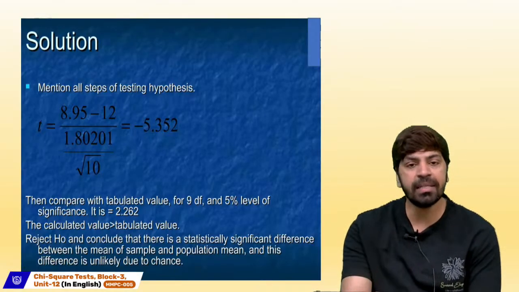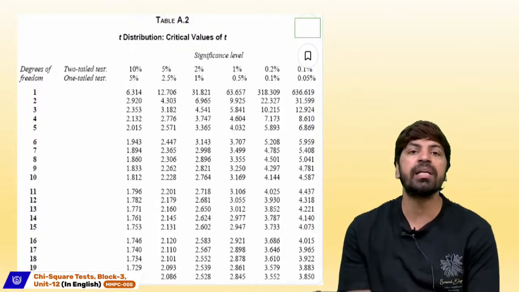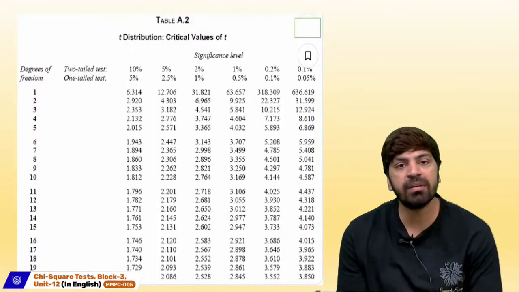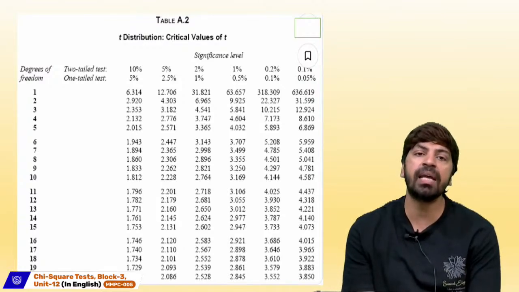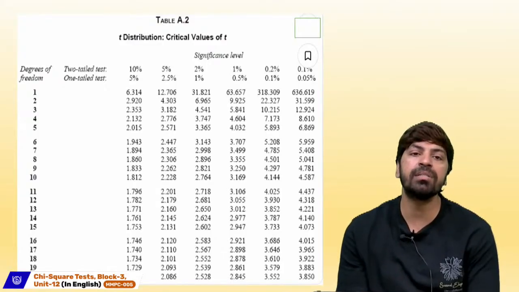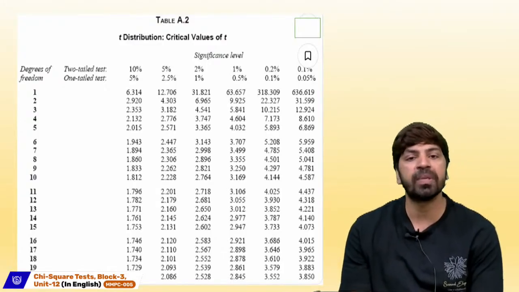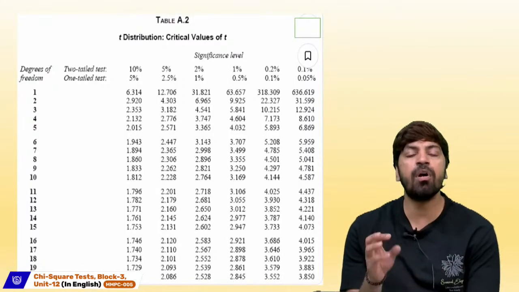In the next slide, the table has been shown under 5% level of significance and degree of freedom 9. We have estimated the tabulated value, that is 2.262. So this is the value of t tabulated.